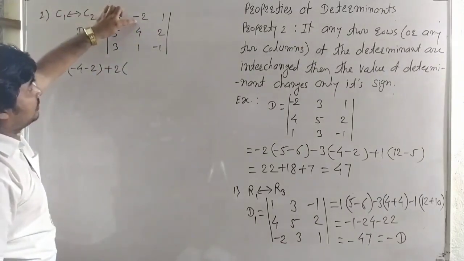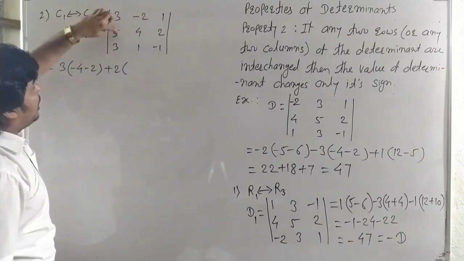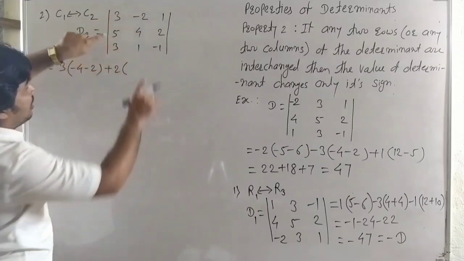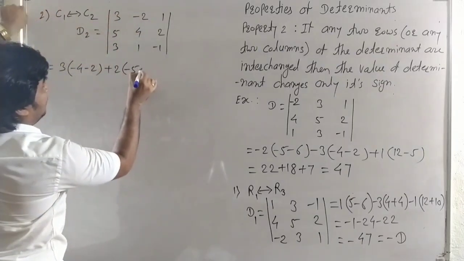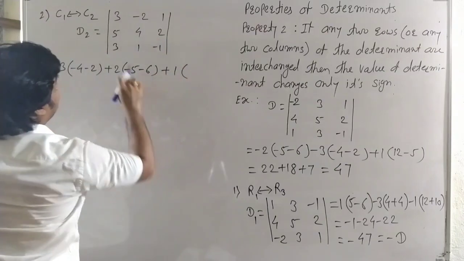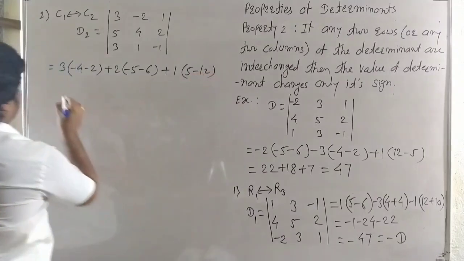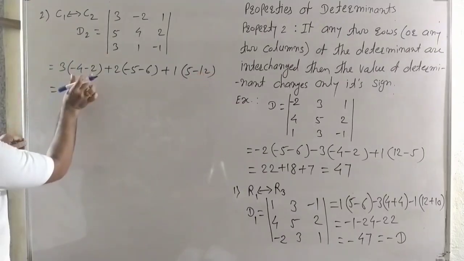Now, here is the minus 2 element, column and row: 5, 2, 3, minus 1. 5 into minus 1 minus 5 and minus 6. Plus 1 into 5 and minus 12. Then the calculation is minus 6.